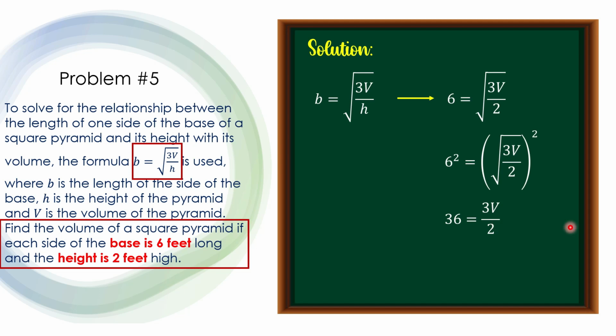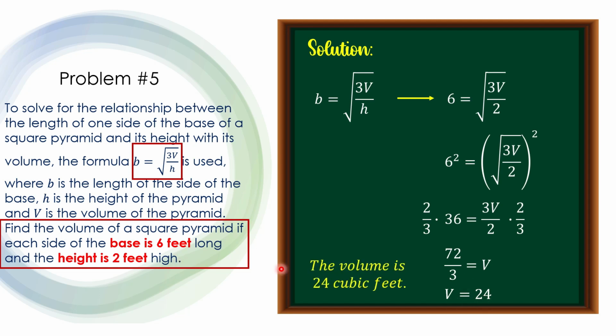We will simply multiply both sides by the reciprocal of 3 halves, which is equal to 2 thirds. From here, this one will be equal to V, in which the other side would be equal to 72 over 3. And 72 divided by 3 is equal to 24. Therefore, the value of V is equal to 24. Then, the volume of the square pyramid is 24 cubic feet.